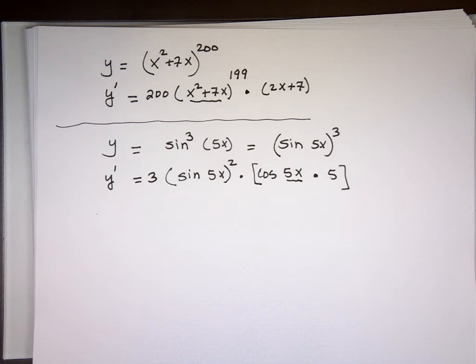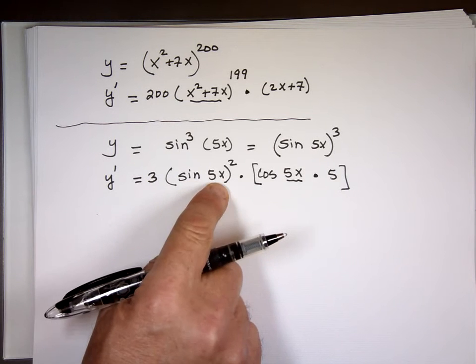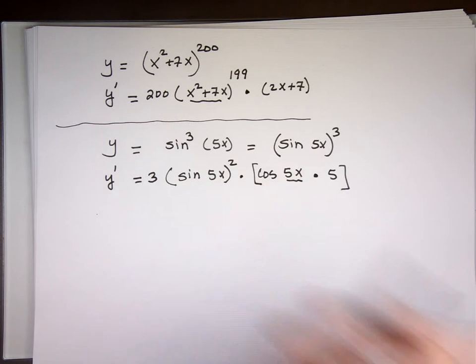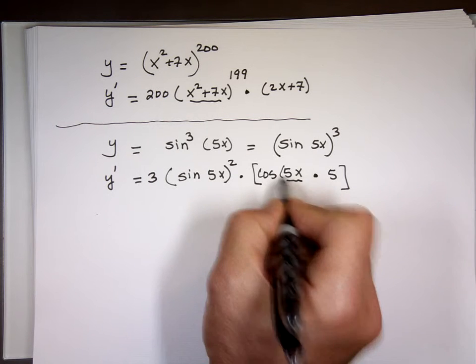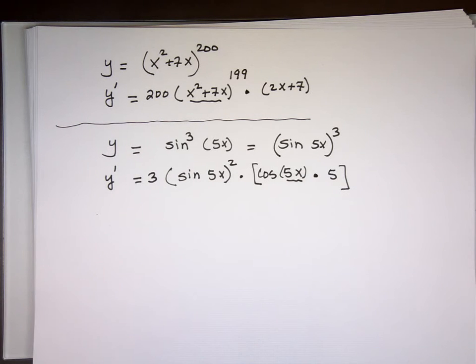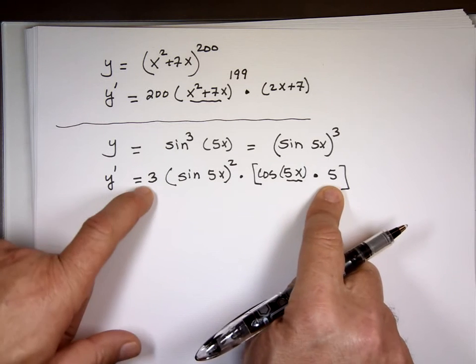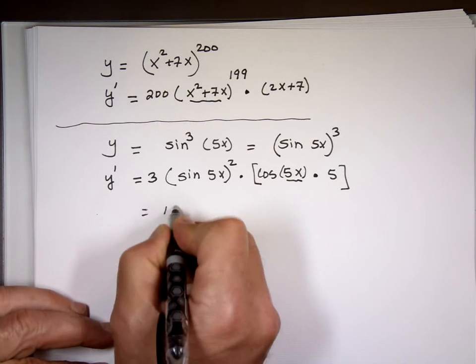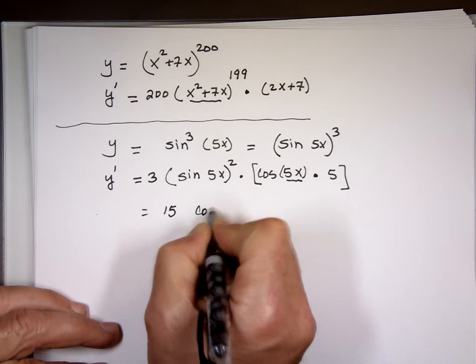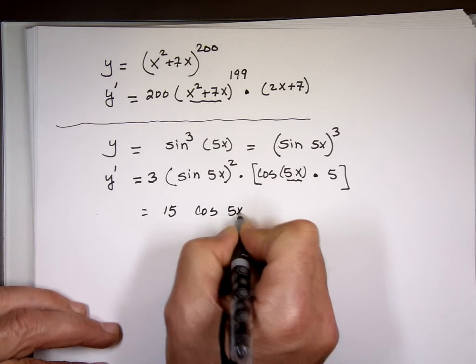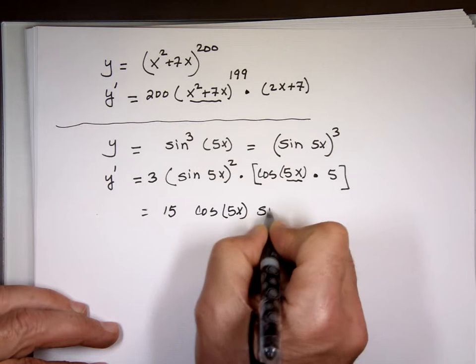The derivative of sine of 5x is cosine 5x times the derivative of this piece, which is the 5. So now if you want to clean it a little bit, you can go 5 times 3, which is 15. I'll put the cosine in the front, no reason. And I'll make that sine squared 5x.